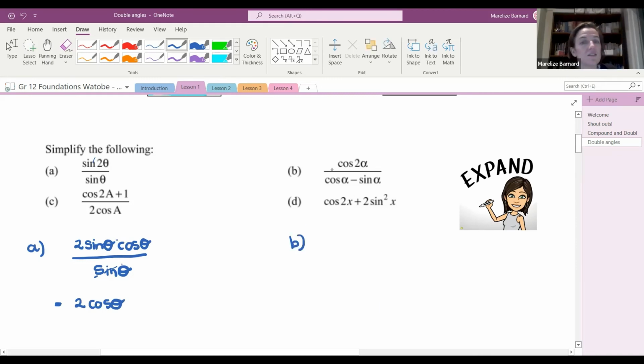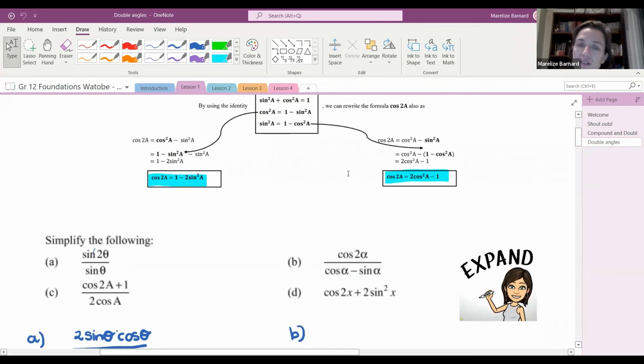Okay, so now this next one, already we can see there's more than one way that we can expand cos 2 theta. Now, our choice is going to depend on the question and what will help us simplify the question. So if we look, we've got cos theta minus sine theta in this denominator.